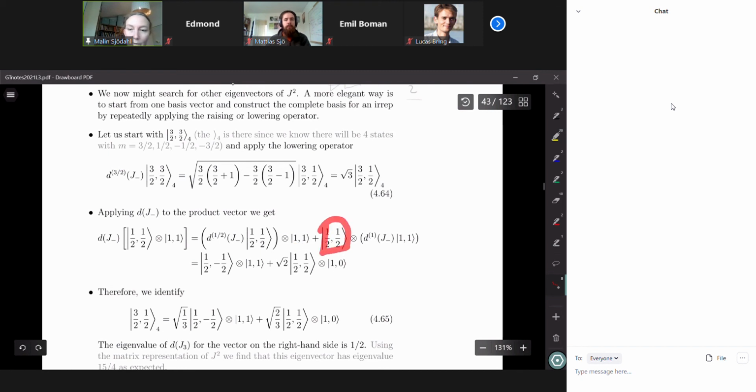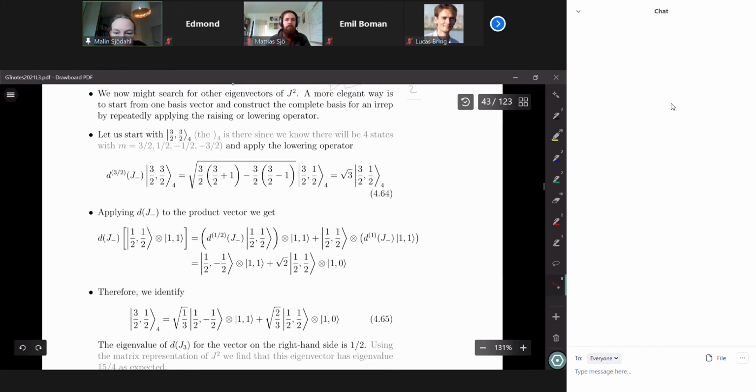Then we do nothing to the first and act on the second representation. So acting on this 1/2 representation, well, I know I must have a -1/2 there, and then there is a proportionality constant that you may remember was 1, or you don't remember, it doesn't really matter. So the point is that we have this state, and then nothing happened to this state, so it stays here.